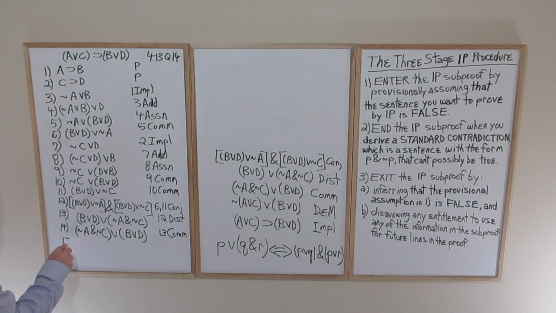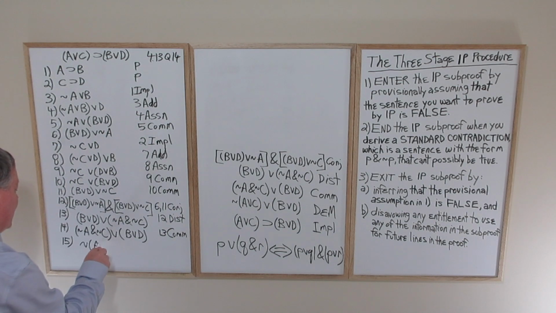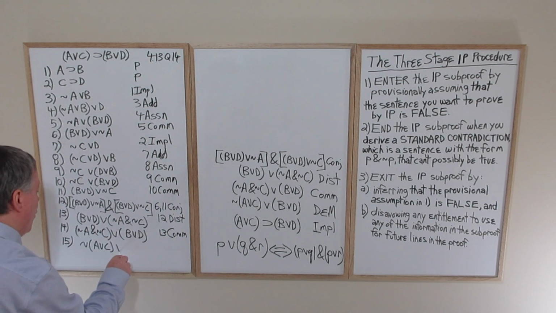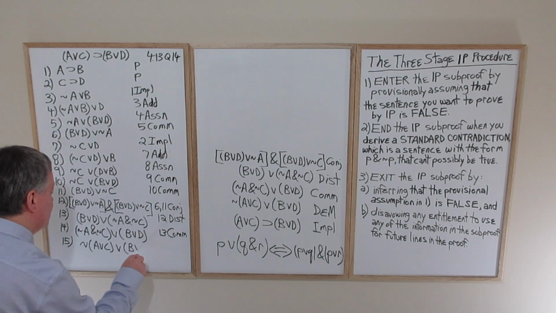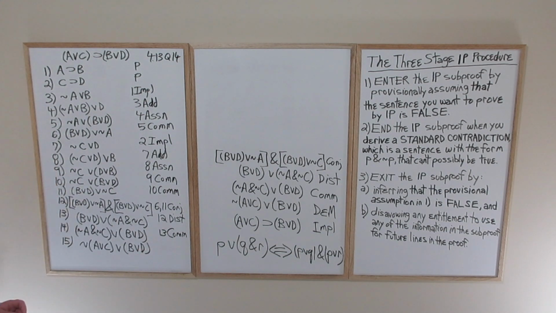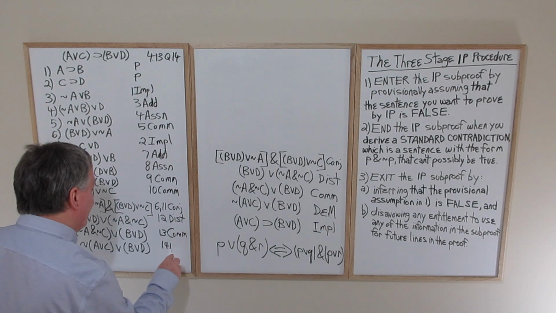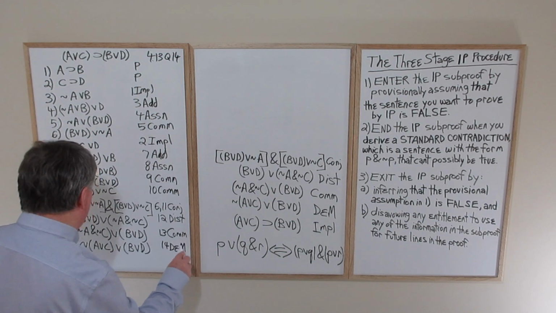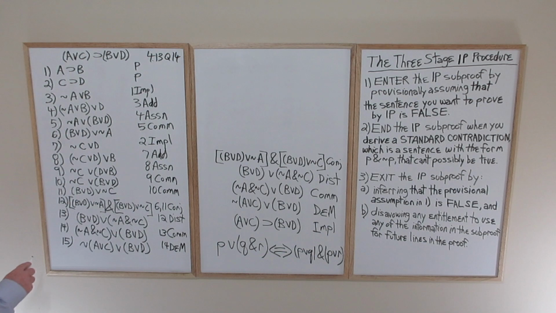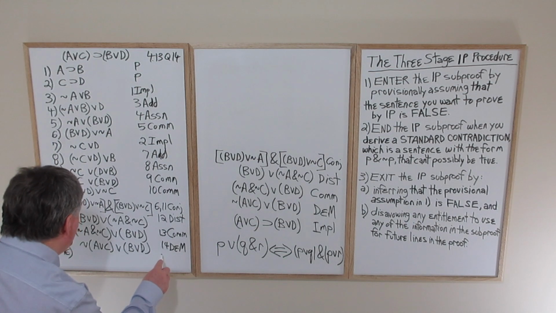So that's 13 commutation. Then I'll do the De Morgan's to get tilde A or C or B or D. Oh, didn't quite leave myself enough room. I'll try to force the last two lines of the proof in there. So now we just do, oh, there's just one line left.